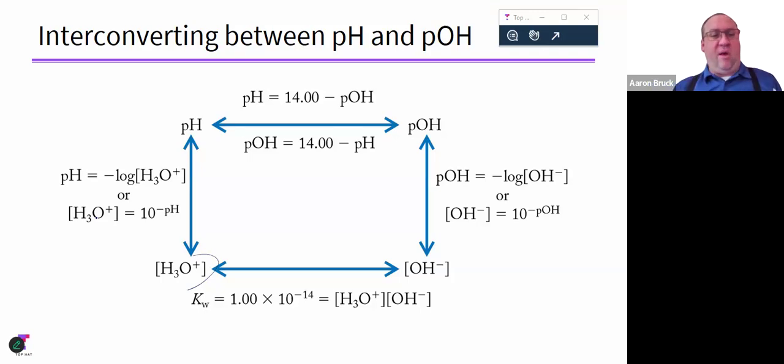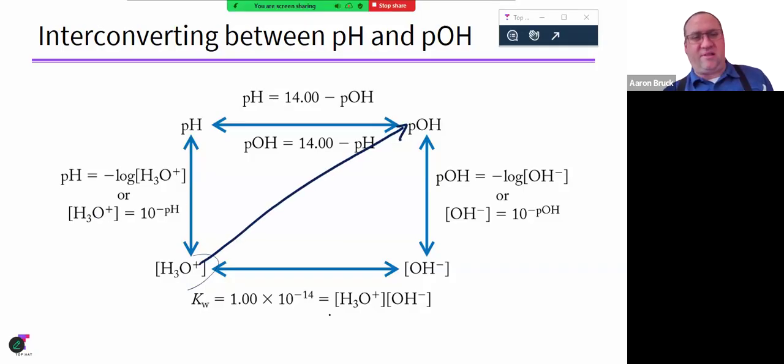What this also shows us is what if I wanted to go across the diagonal in any of these directions? Well, what it shows us is that there is no direct calculation between hydronium and pOH. So I can't go directly across the box.